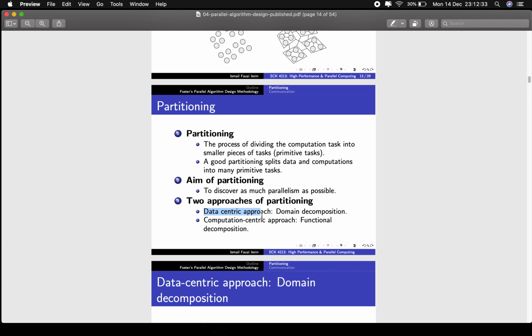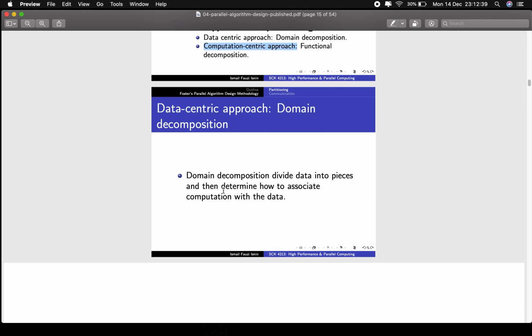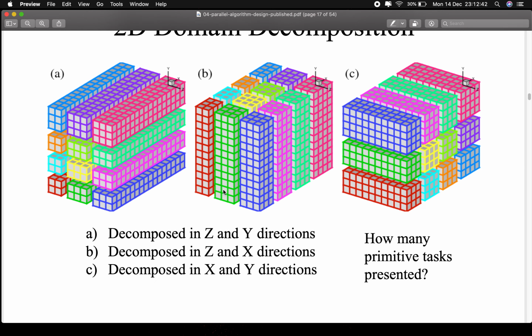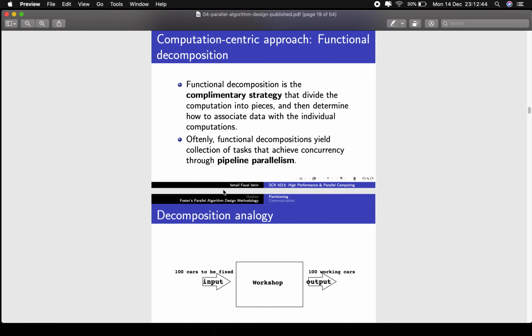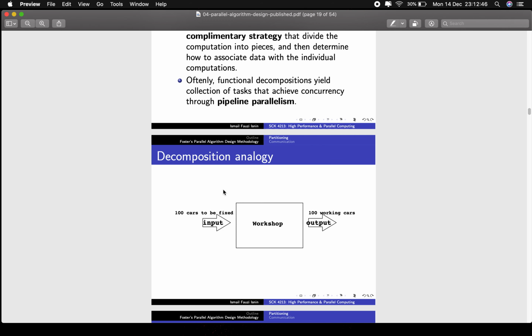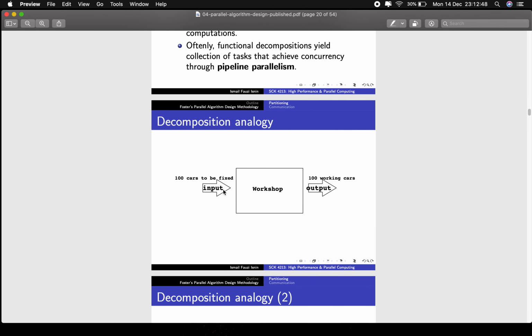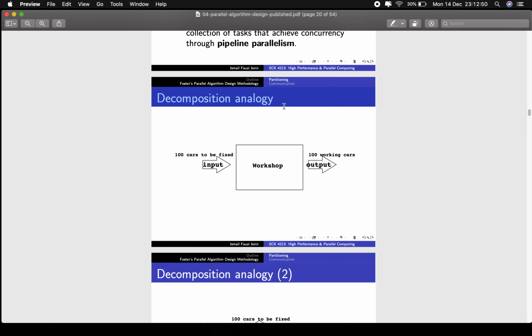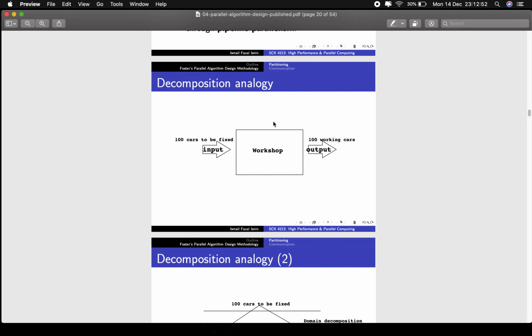You have 2. We already looked into the data centric approach, and now we look into the computation centric approach. This is where we currently are, and you can see there are 2 approaches also. In the first analogy, you send directly all the problems you have. Let's say for your computer, you solve it all together without even grouping it.